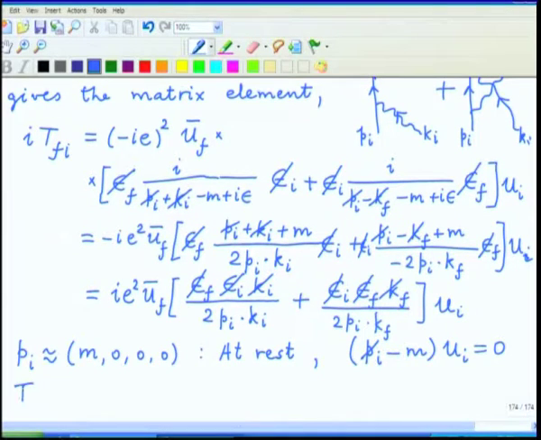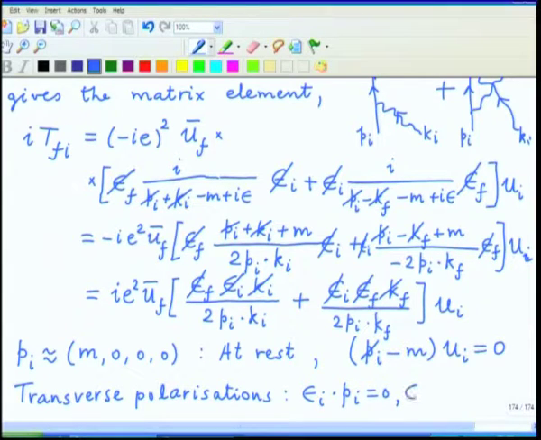So, transverse polarizations, which means epsilon_i dotted with p_i is 0, epsilon_f dotted with p_i is also 0, and epsilon dotted with its k is also 0.